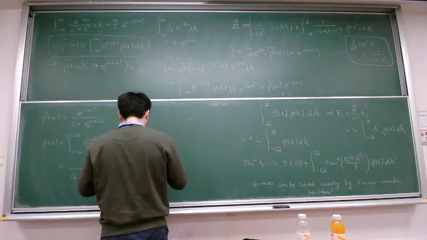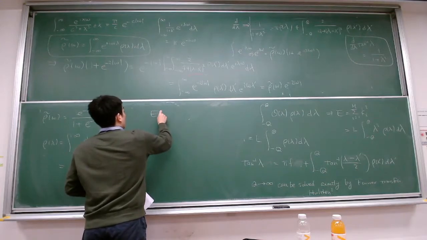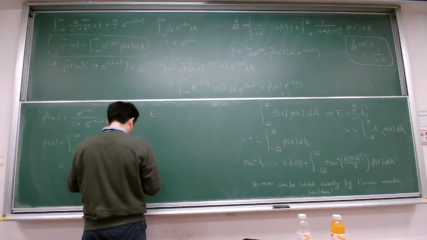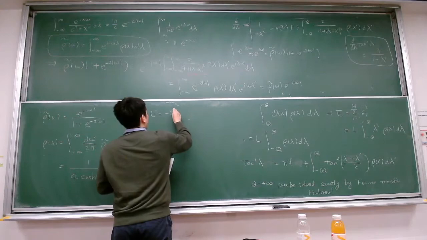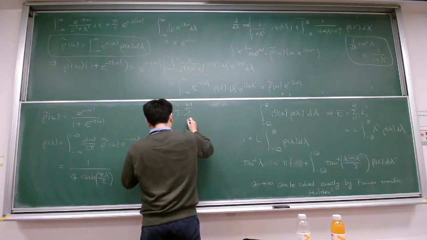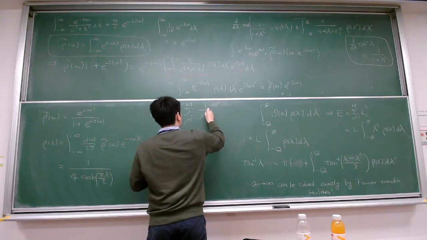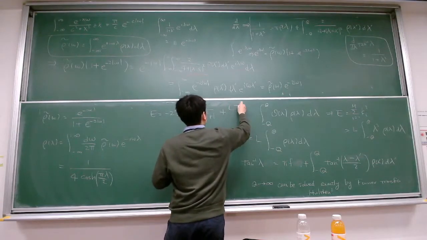So, for instance, the energy is written as before, minus 2J sum over j of 1 over lambda j squared plus 1, plus Lj over 4. That is when the spin chain is discrete.